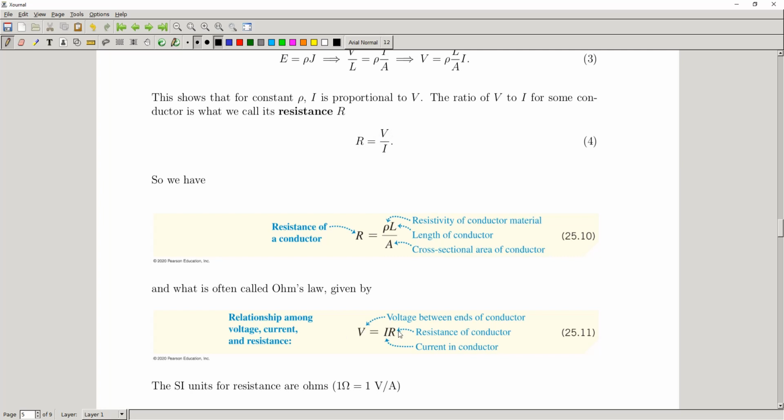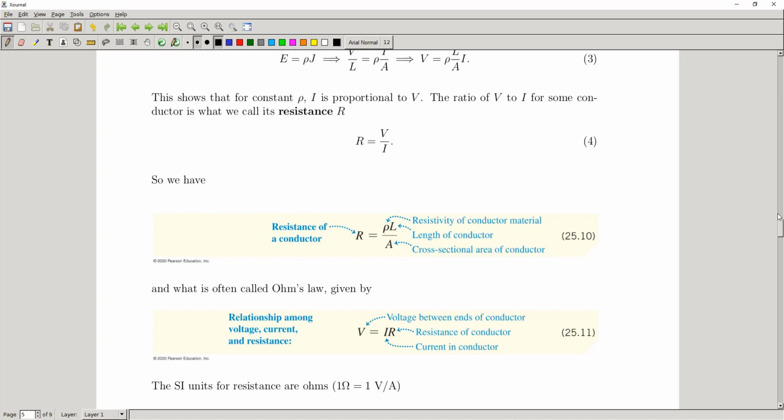This is often what people will have seen in previous physics courses referred to as Ohm's law. We have the voltage, or potential difference, and voltage is just another way of saying potential difference, equal to our current in our conductor times the resistance of that conductor.